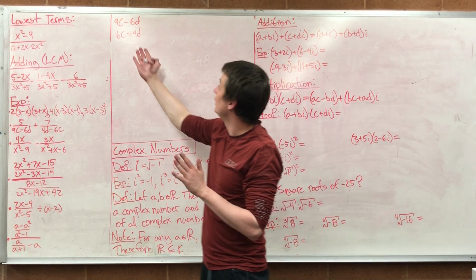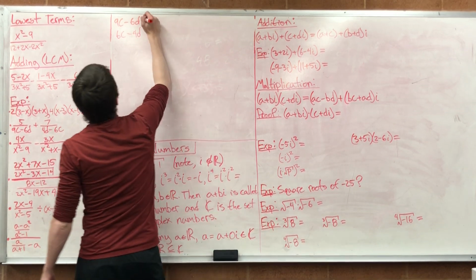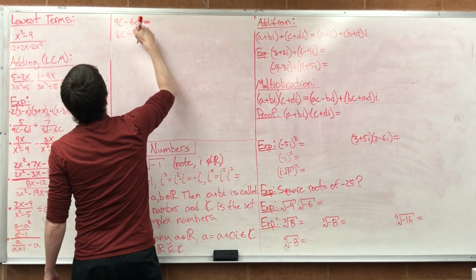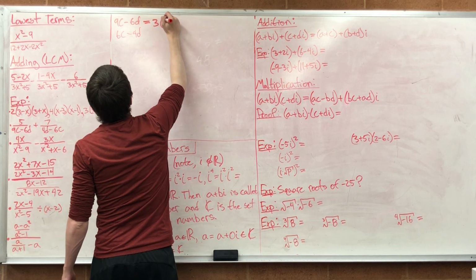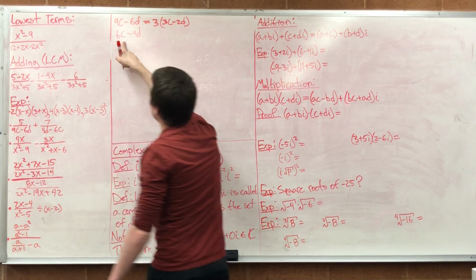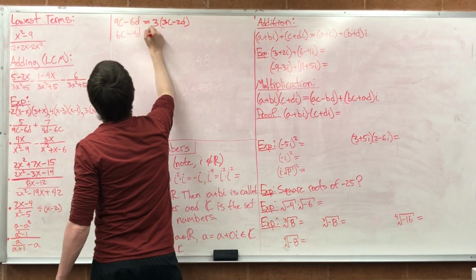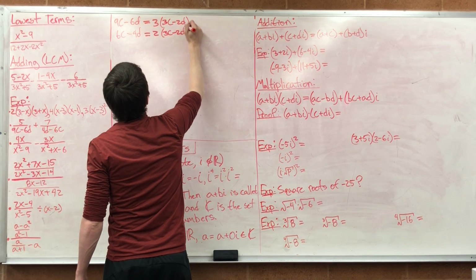Okay, so now we need our common multiple of both of these. This one up here, we can factor a 3 out of that one, right? Yes. So that's going to be 3 times 3c minus 2d. And if we factor a 2 out of this one, then that's going to be 2 times 3c minus 2d.